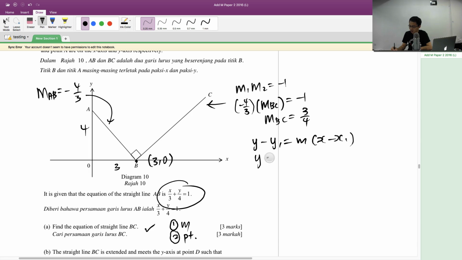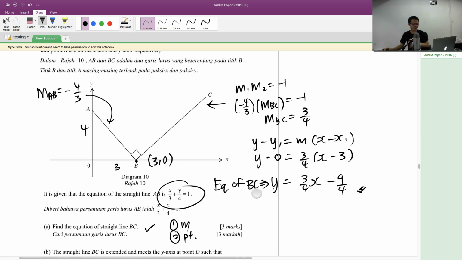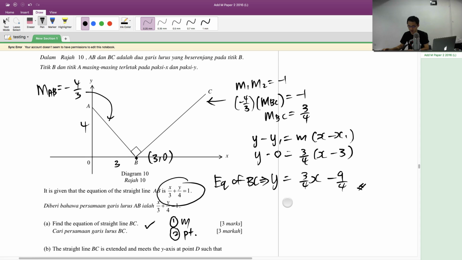So since I know my y is 0, y minus 0 equals m, 3 over 4, times x minus 3. So y basically is 3 over 4 x minus 9 over 4. This one is the equation of BC. Okay, it's very simple. This is how we find equation of BC.